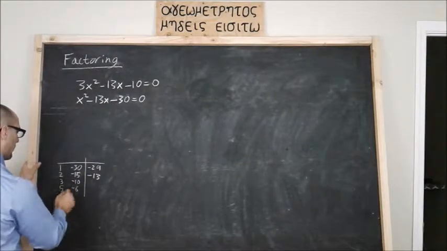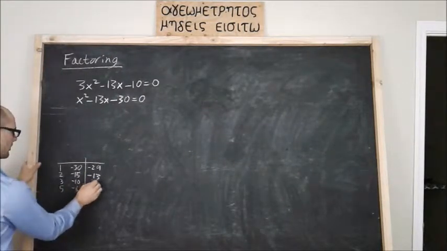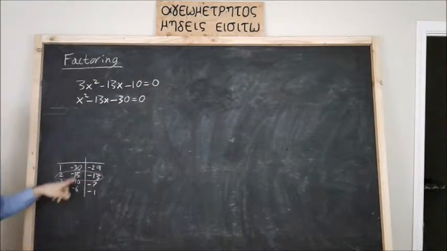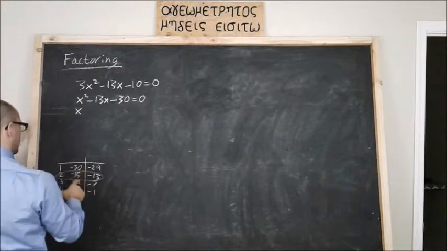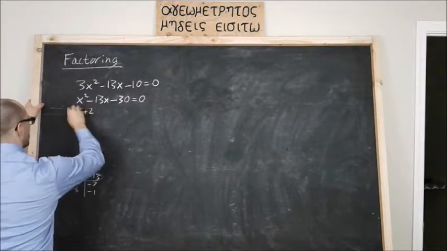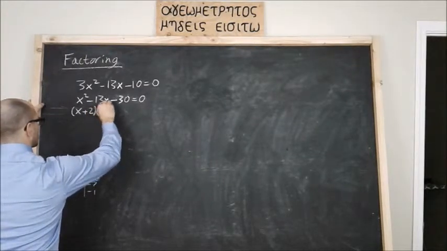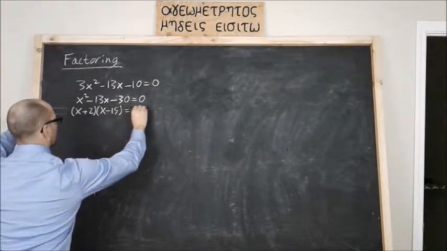Well, that looks like our winner. So this is the one we're going to use. We're going to have x plus 2 and x minus 15 is equal to 0.